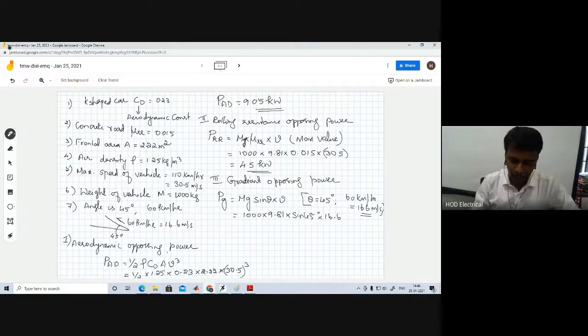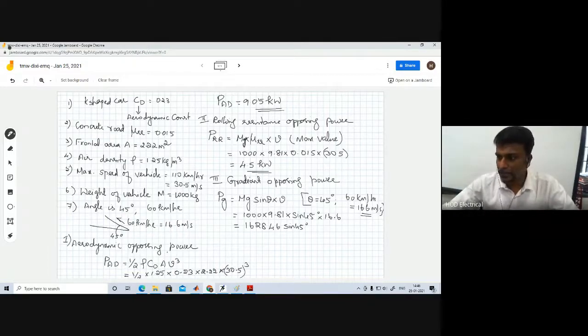So one can calculate it as 1000 into 9.81 into sine of 45 degree into 16.6.